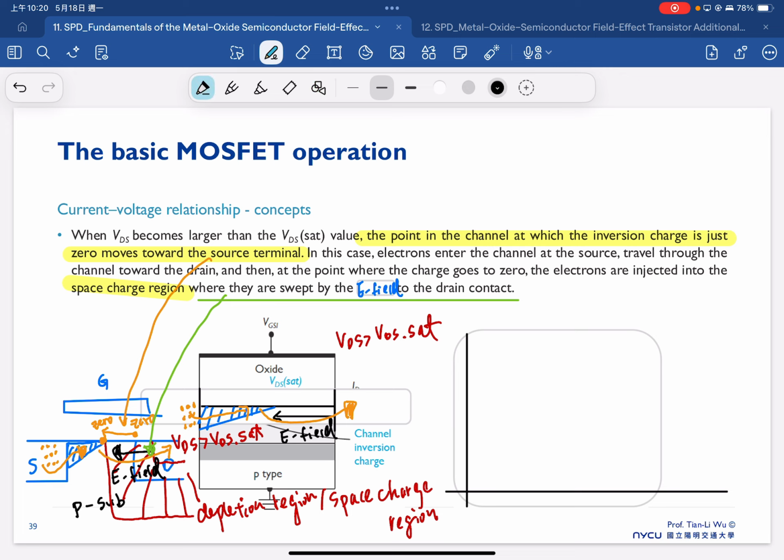We have IDS versus VDS here. As already shown, in the beginning we have this linear region, and then once it reaches a certain point, that's the VDS set.